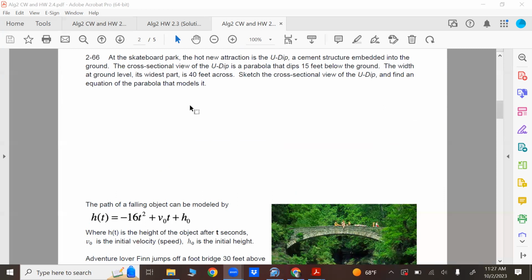Okay, so let me do the drawing for you guys again. So let's say this is ground level. Hold on, let me write more nicely. This is ground level. And then the ramp goes like this, right?